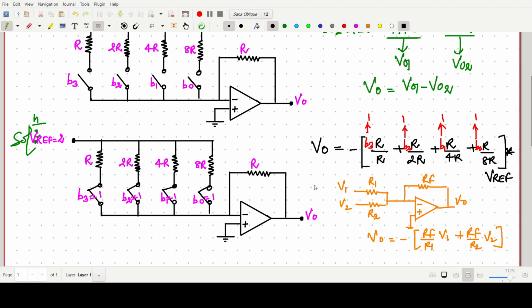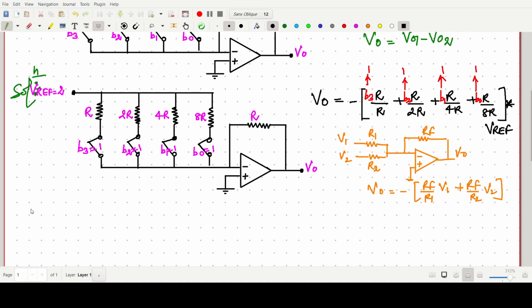Once again I am writing the expression. This V naught is nothing but simply minus V ref, since both have the same input V ref, which we can take as common.